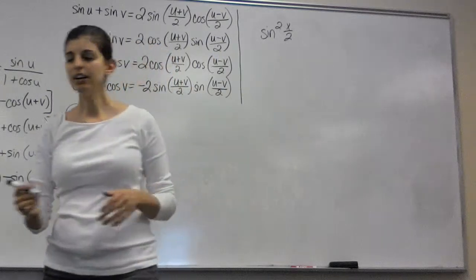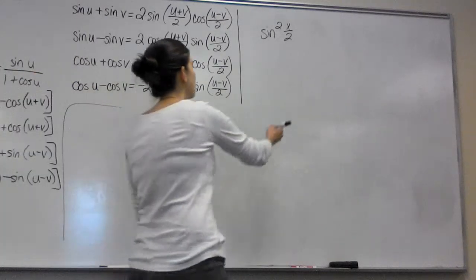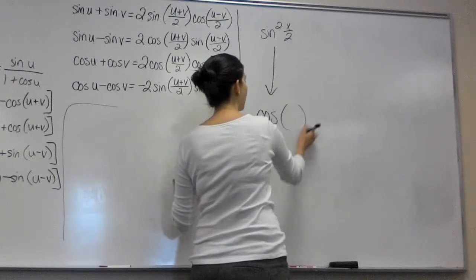Sine squared of x over 2. The instructions are as follows: rewrite the expression in terms of the first power of cosine. It says use a graphing utility to verify your result, but most of you don't have a graphing calculator, so we'll just stop there. So I'm trying to turn this thing into something with cosine of a quantity.